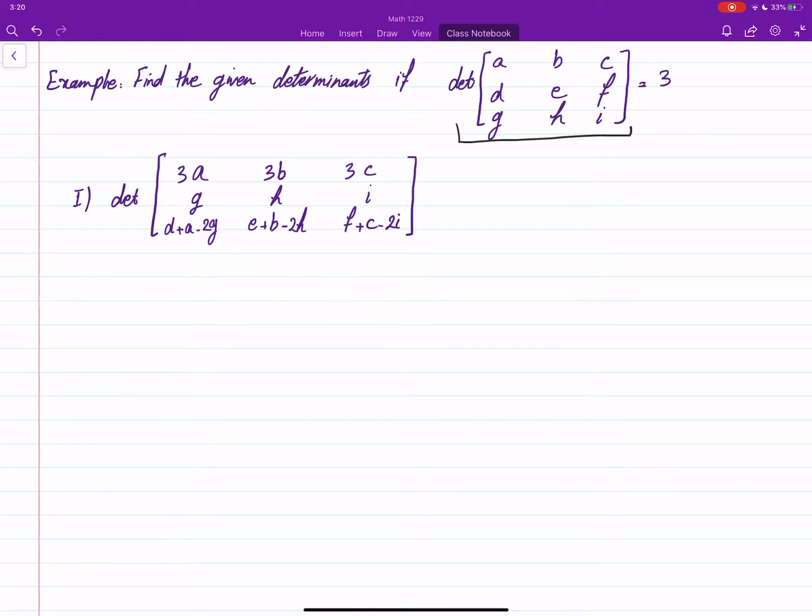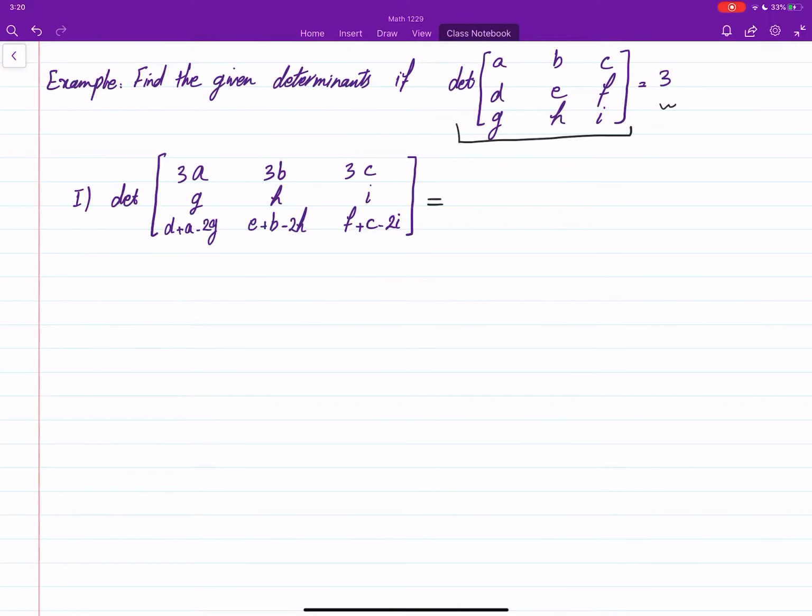We have to try to turn back our matrix into the original form A, B, C, D, E, F, G, H, I using elementary row operations, and then see how the elementary row operations change the determinant, and at the end we use the fact that the determinant of this original matrix is 3 and compute the complete determinant of the given matrix. Okay, let us start with the first one.